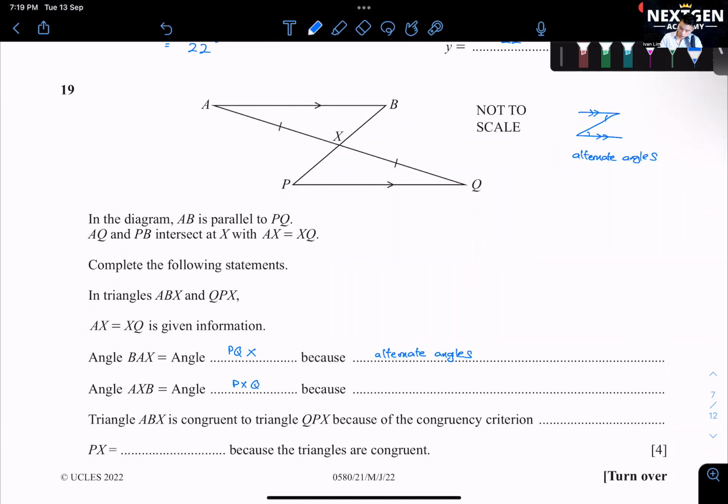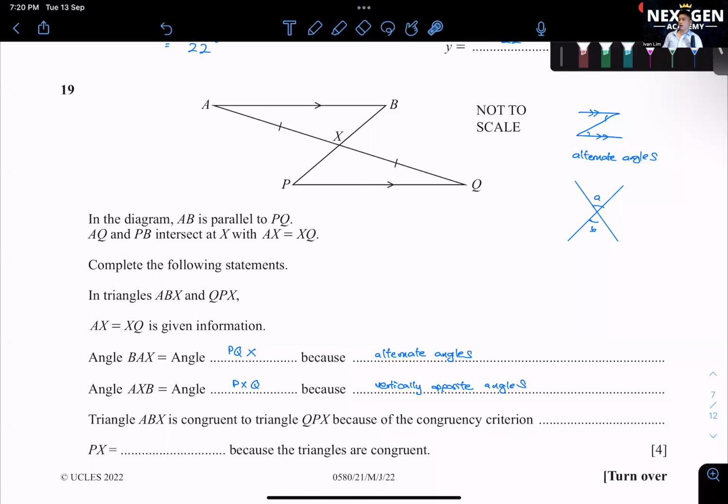This one is your X shape. This is called vertically opposite angles. Then triangle ABX is congruent to triangle QPX because of the congruency criterion.